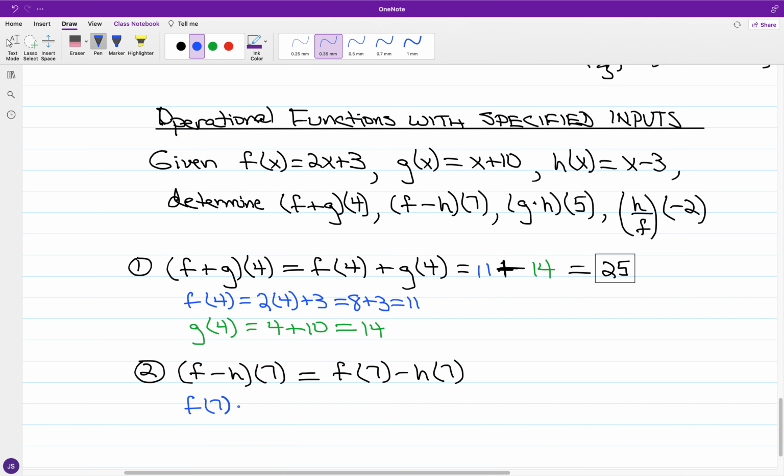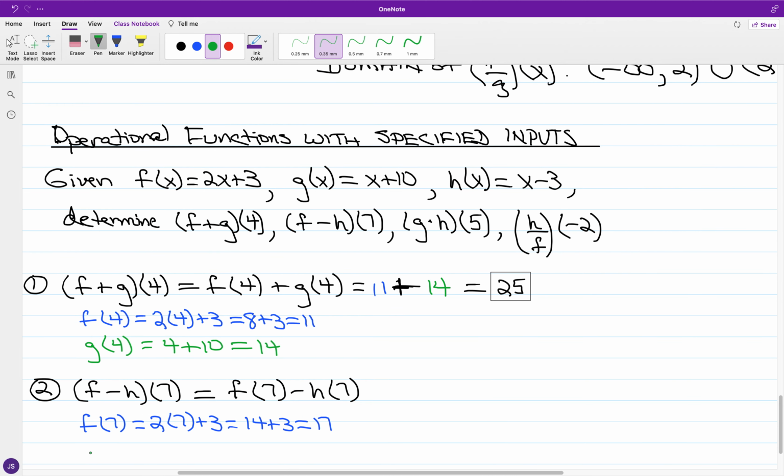Okay, so evaluating f of 7, we have f of 7 is equal to 2 times 7 plus 3. 2 times 7 is 14, and 14 plus 3 is 17. And now for h of 7, we're referencing h of x. H of 7 is going to be 7 minus 3, and 7 minus 3 is equal to 4.